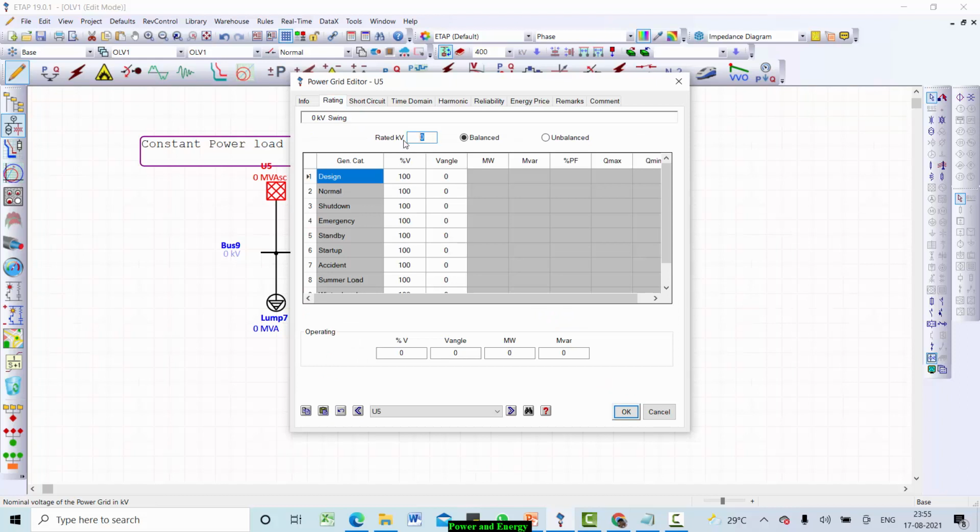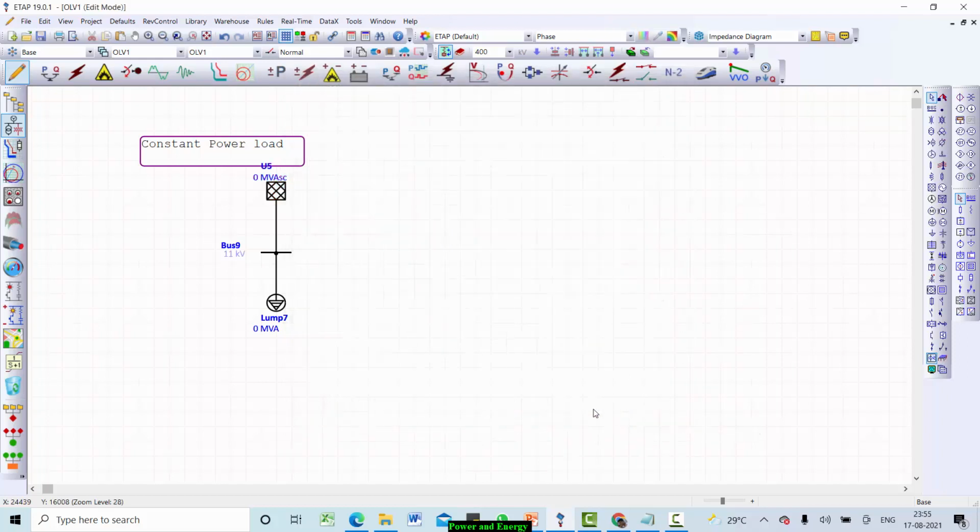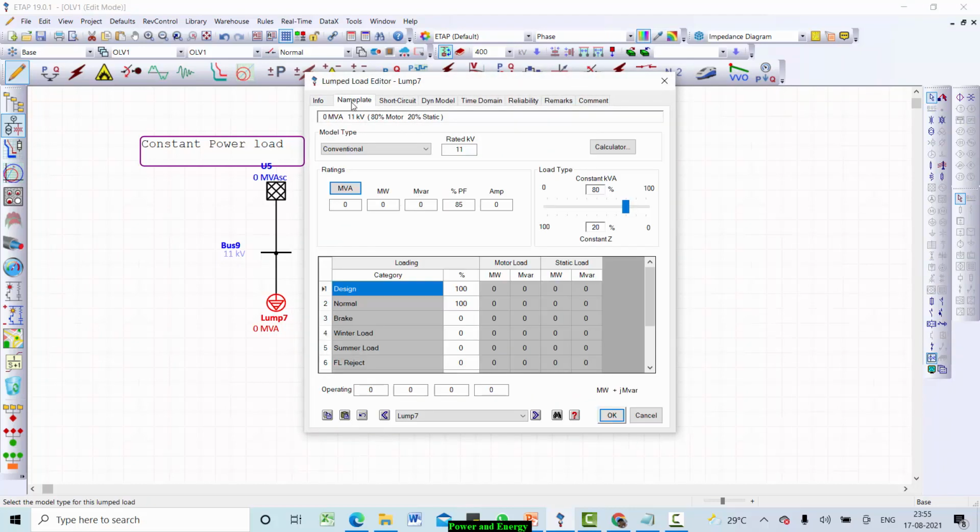Take grid voltage as 11 kV. Lumped load value as 1 kilowatt. Let me assume constant power load, so 100% kVA, then 1 kilowatt with 100% power factor.